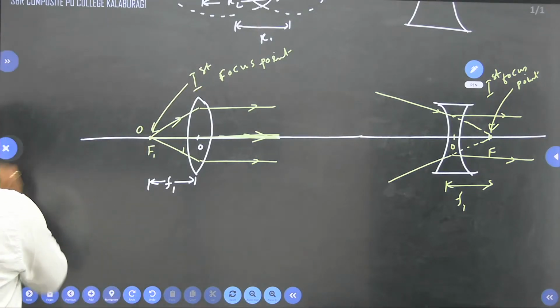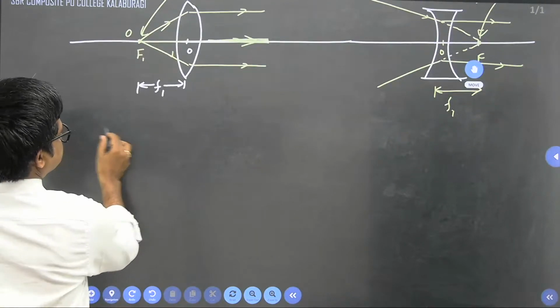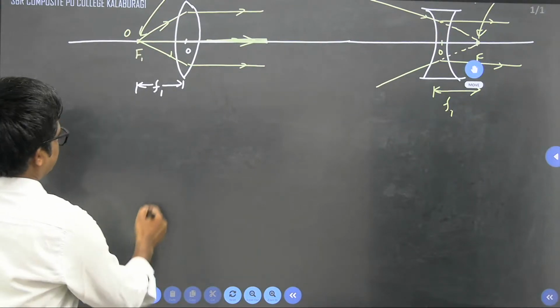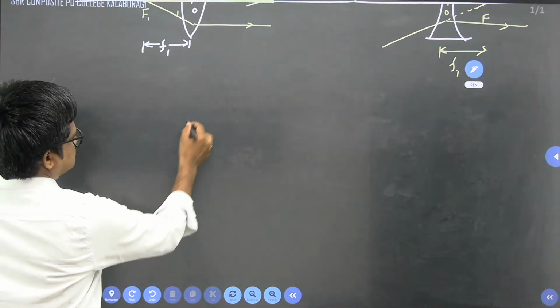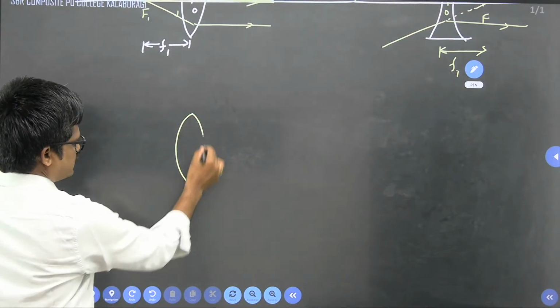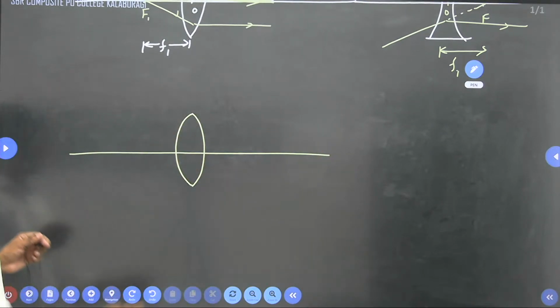What is the second principal focus? Second focal point. Same thing. Now see here, this is the lens.